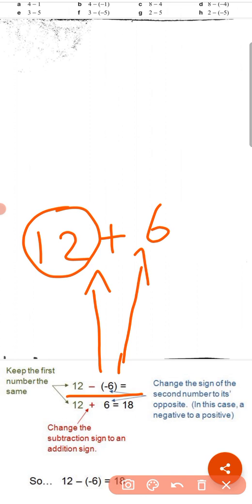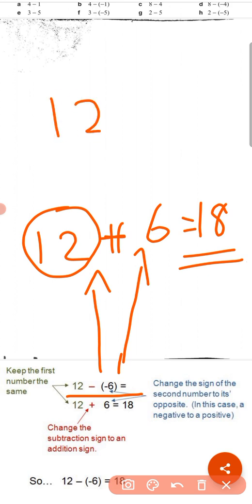Then change the subtraction sign to addition, that is plus. Change the second number's sign, that is negative 6 becomes positive 6. 12 plus 6 is 18. So our answer is 18.